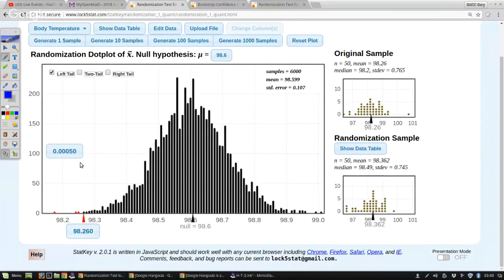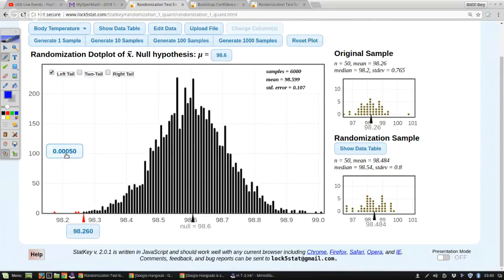In this case, I find the probability of a sample that has a mean of 98.26 or less, given that we expect 98.6. The probability is 0.005. So shift that decimal twice, and we have a 0.5% chance. That is wicked.